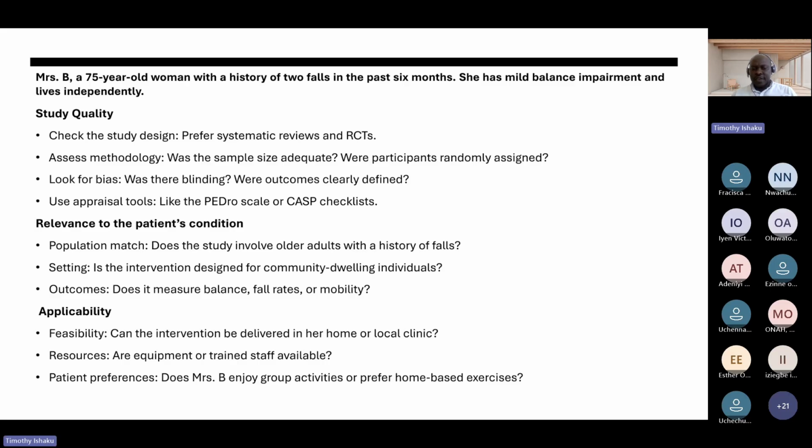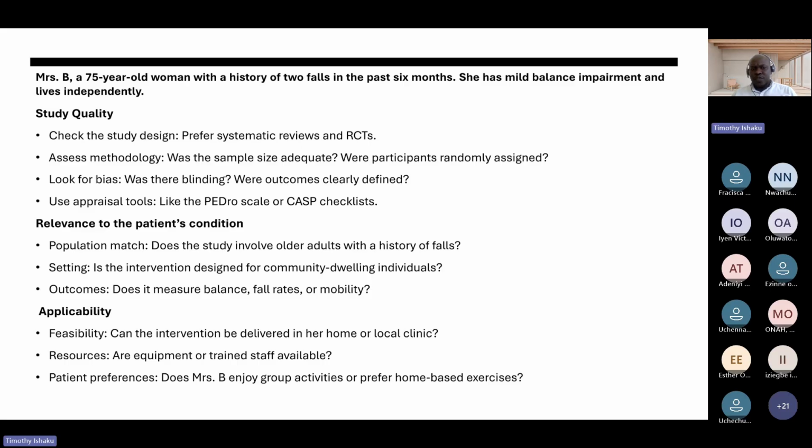One is ask the clinical question, the relevant clinical questions. These questions can come from a patient asking you about things that you don't know, or from a reflection of your practice. You want to find what evidence is out there.